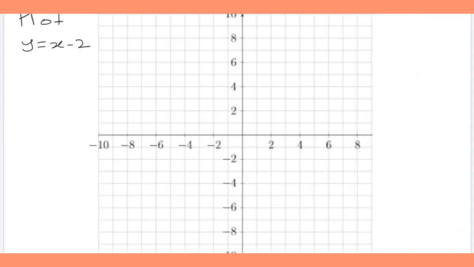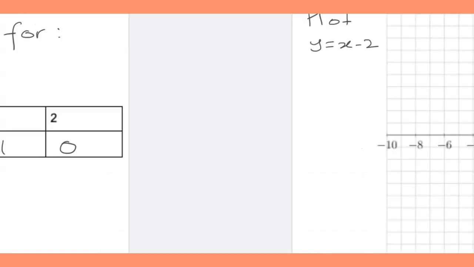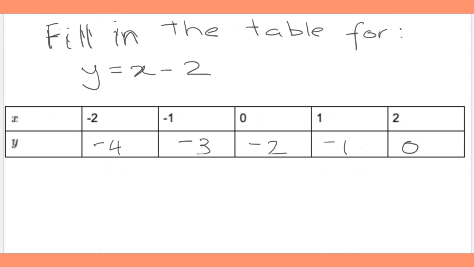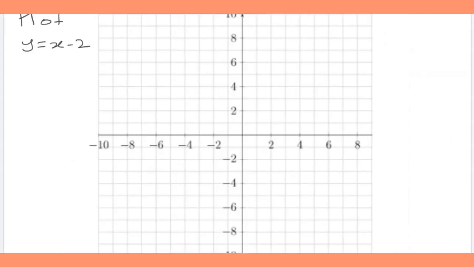We now need to plot that same equation on this graph. Please note with the graph that you just needed to refer back to these coordinates and plot them in. Have a go. Alright, we all know the first coordinate. If you don't remember, I'll just write it down so you can see on the screen next to you so you don't have to keep flicking back and forth. Our first coordinate, we had our x value as -2 and our y value as -4.